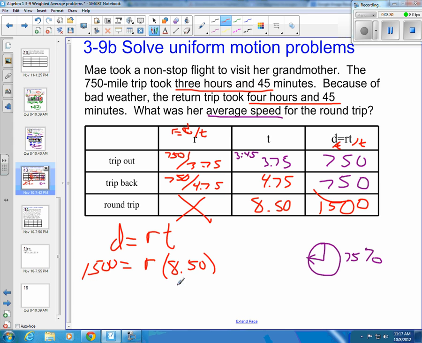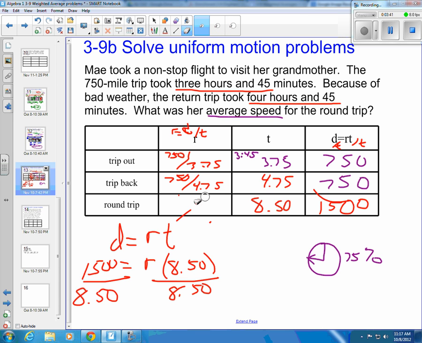And then I can divide both sides by 8.50. I'm just going to go back and make this into my r, because I don't know what that is, right? And I'm using r in my formula, so that's actually r. So the 8.50s would cancel out, and I end up with r is equal to 1,500 divided by 8.50.